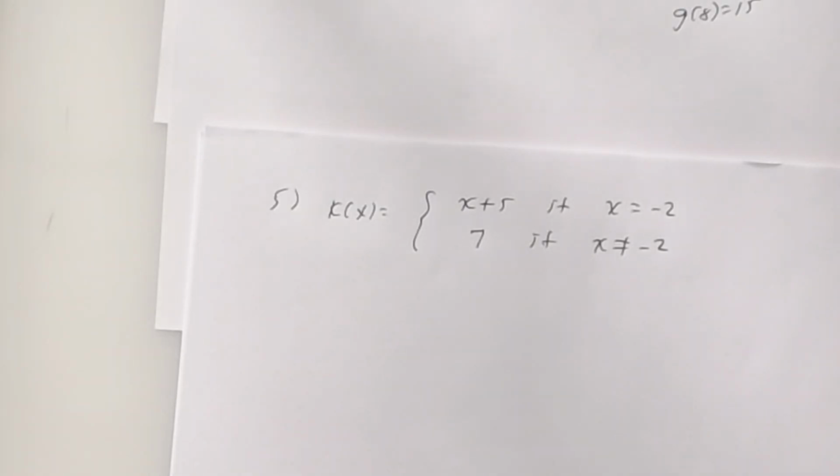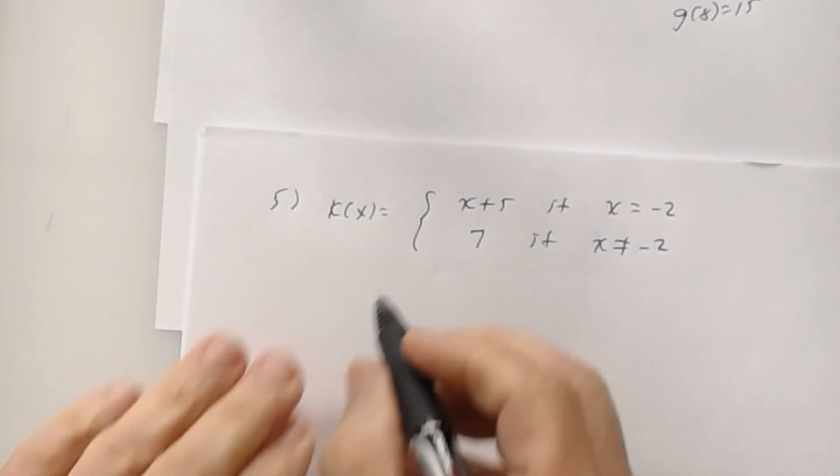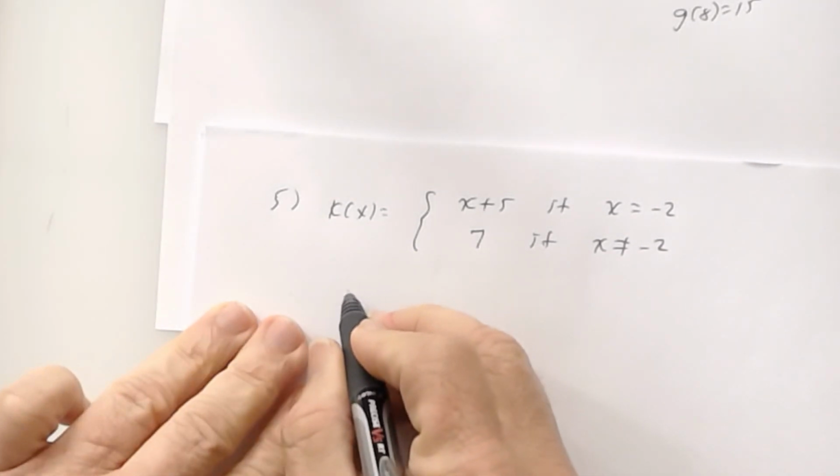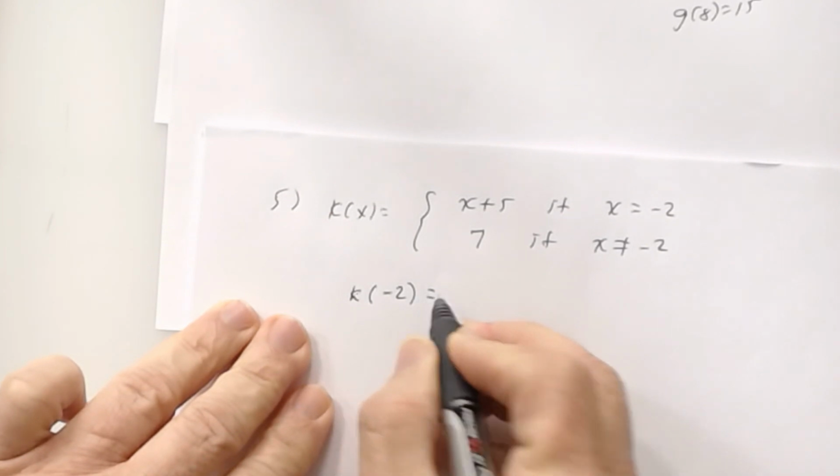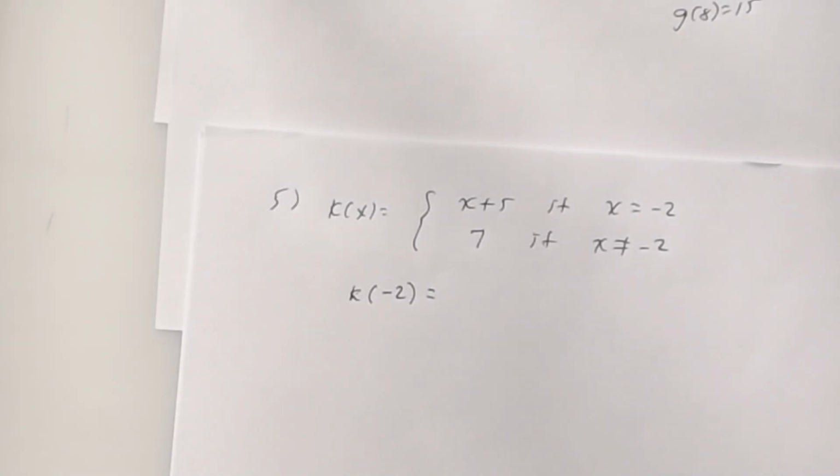So x plus 5 if x equals negative 2, 7 if x does not equal negative 2. All right. Let's look at this one. Suppose you want to find k of negative 2.